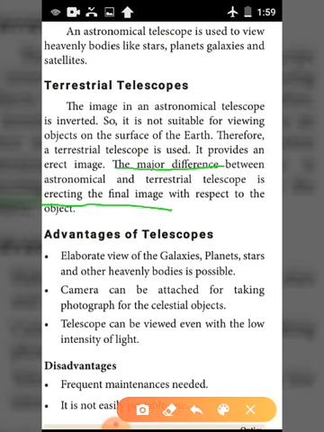So the terrestrial telescope produces an erect image, unlike the astronomical telescope. That is the main difference between the astronomical and terrestrial telescope. This telescope erects the final image with respect to the object.